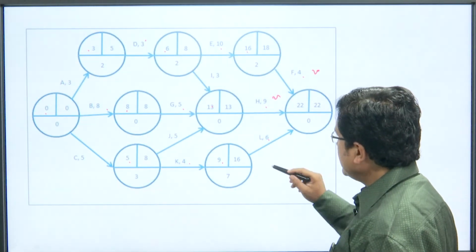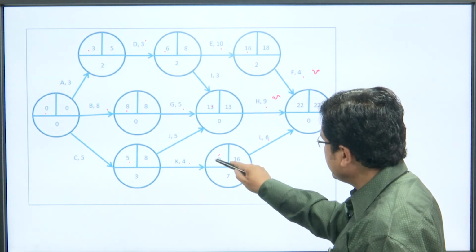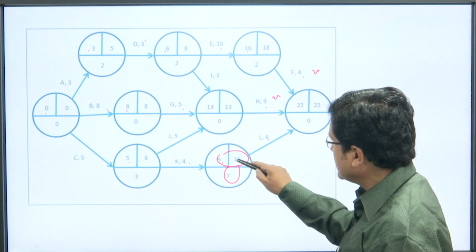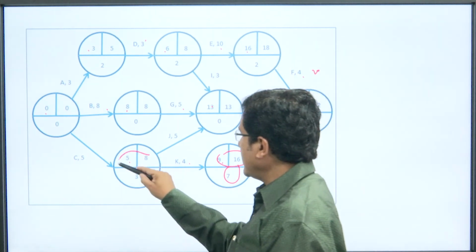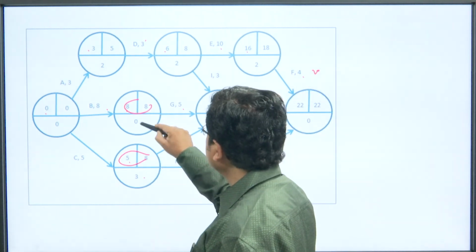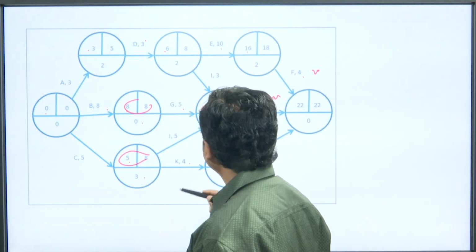So, this is the difference. Look: 16 plus 9, 7; 8 plus 5, 3; 8 plus 8, 0; 13 plus 13, 0.